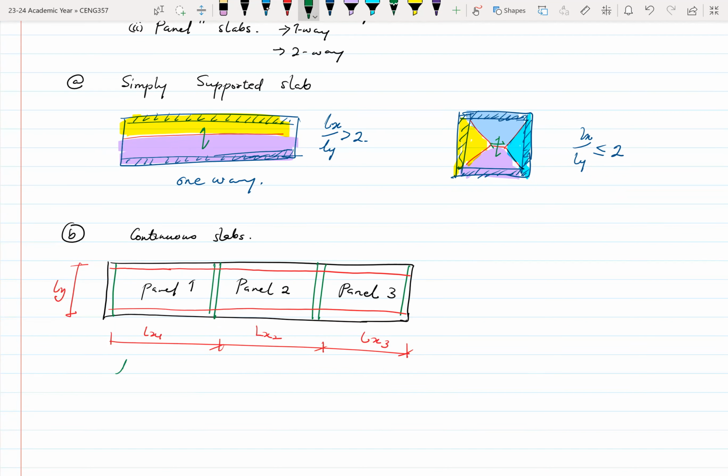So if your LX1 over LY is more than 2, then your LX2 over LY is more than 2, and then your LX3 over LY is also more than 2, then you have a one-way continuous slab system. Okay.